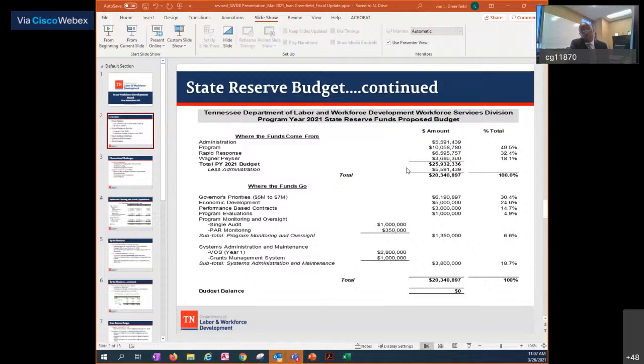Okay, so looking for then a motion to approve that budget. I see a motion from Ben Ferguson. And I see a second from Vonda McDaniel. Any discussion about the motion to approve that budget as presented?